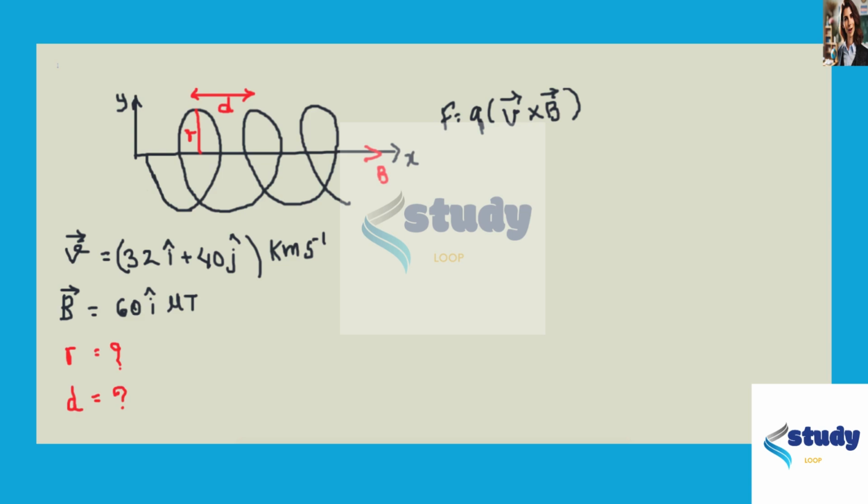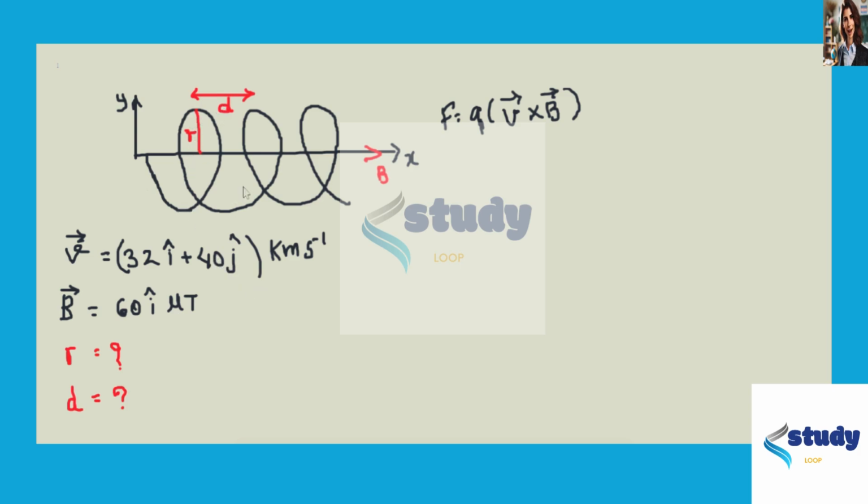So there is no force along the x direction, because B is also in the x direction. In the x direction, the velocity will not experience any acceleration. And similarly, the velocity along j is perpendicular to B, because B is in the i direction, so there it will experience maximum force.